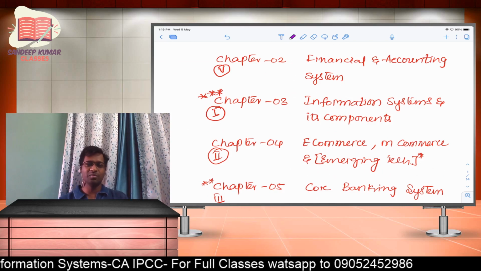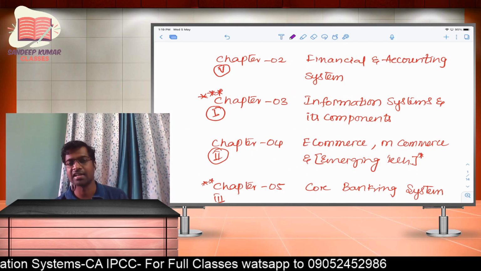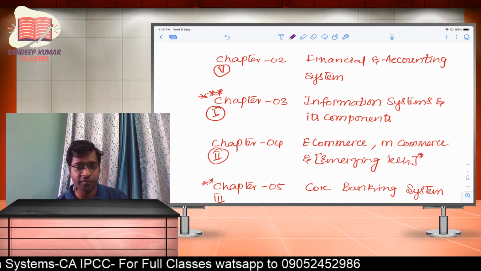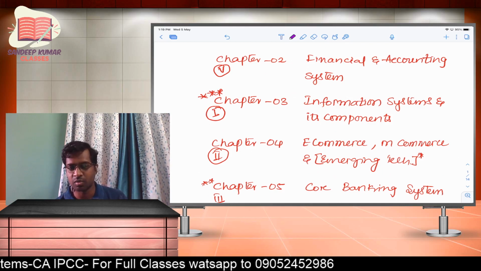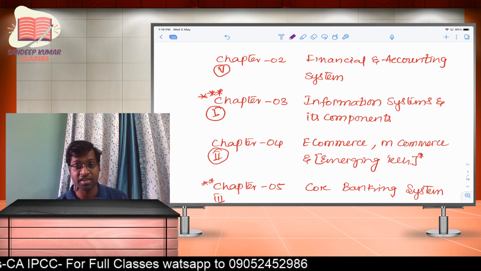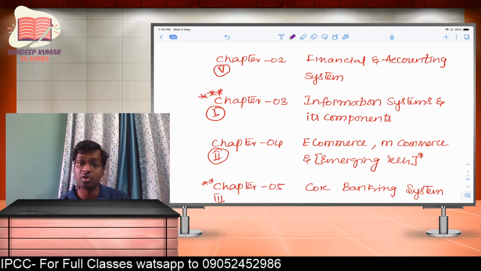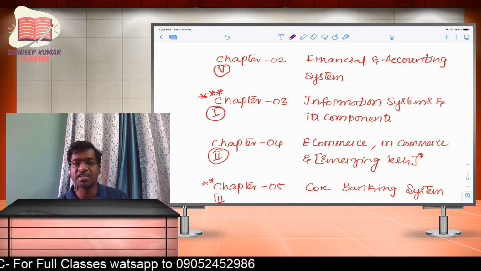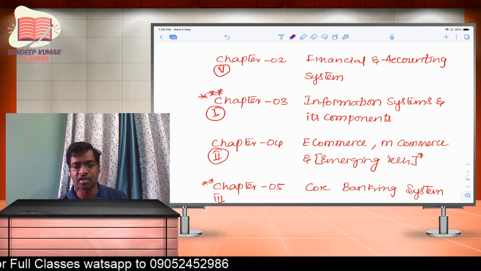We'll study what exactly an ERP is and how many modules it integrates in the organization, and each module, like HRMS, SCM (supply chain management), customer relationship management, etc. All these modules are integrated into ERP. We'll be studying each and every module in this chapter. It is more practical oriented.